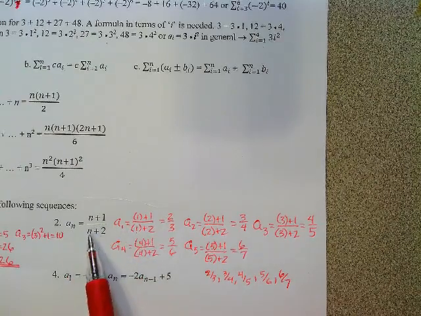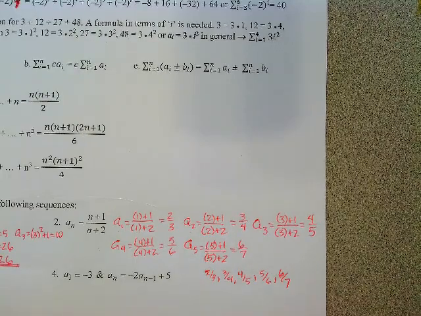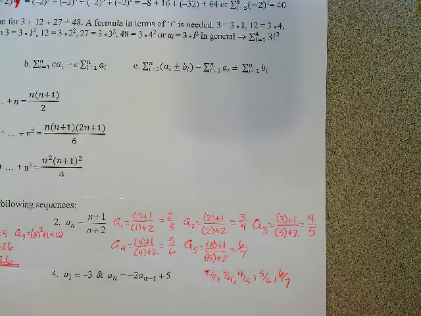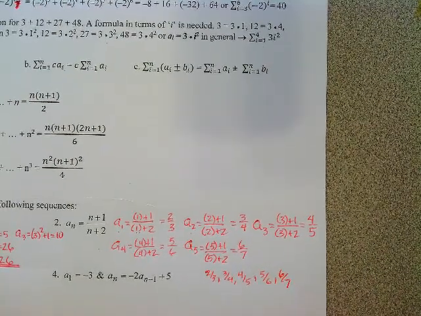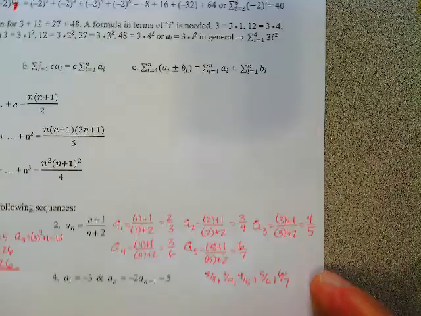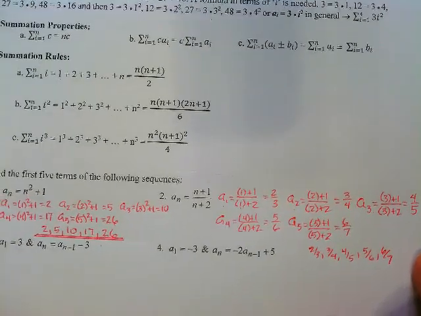So n, 1, 1, 1, 2, 2, 2, 3, 3, 3, and so forth. So a couple of examples in which we have a sequence defined by a general term. Let's now look at a couple of them that are recursive in nature.